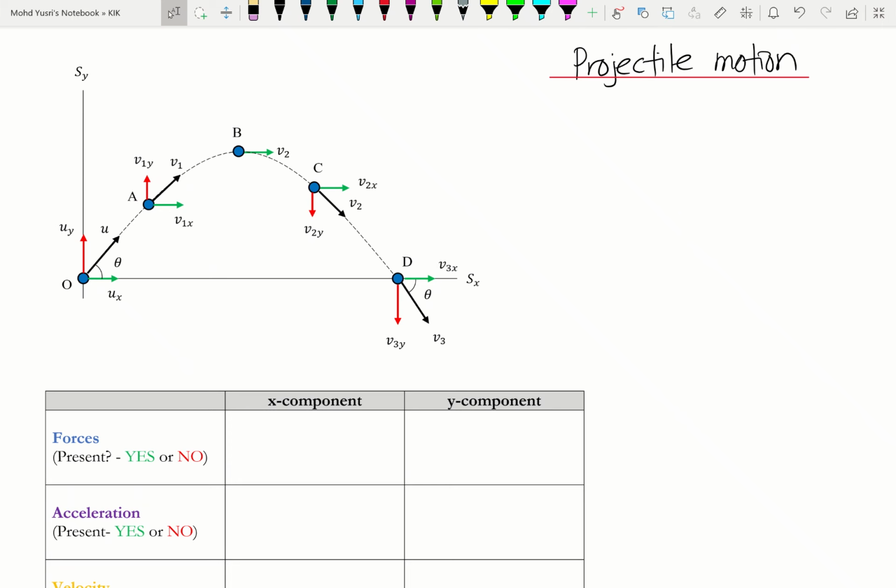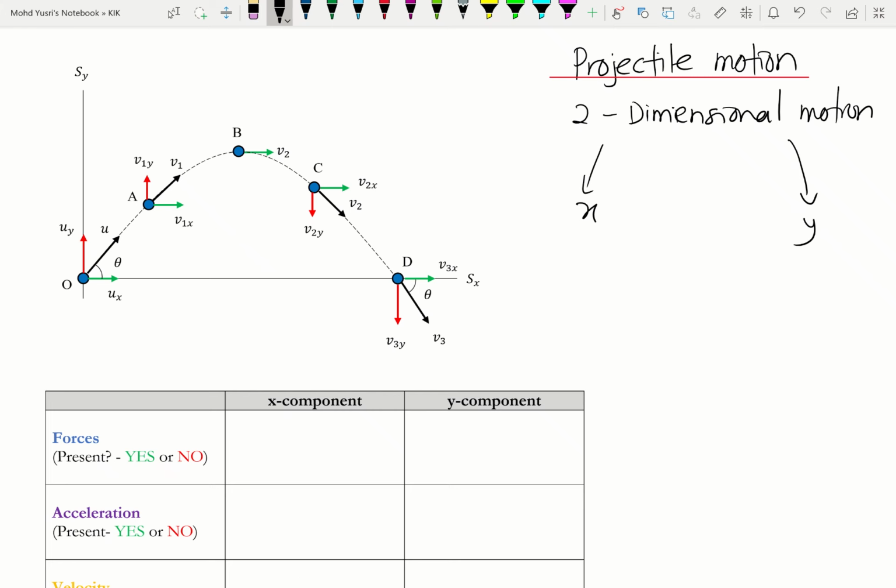Anyone who has tossed any kind of object into the air has observed a projectile motion, as shown in the figure on the left side of the screen. Projectile motion is a two-dimensional motion which consists of x component and y component.